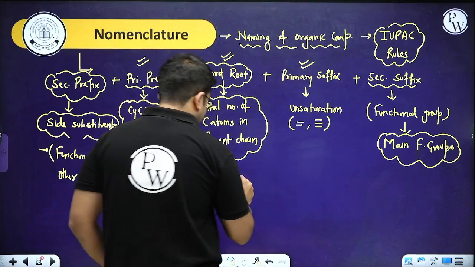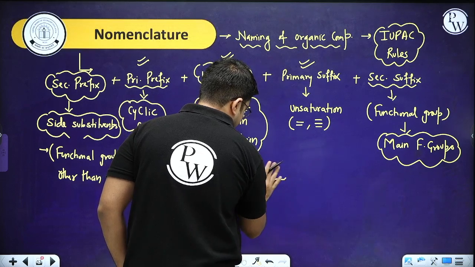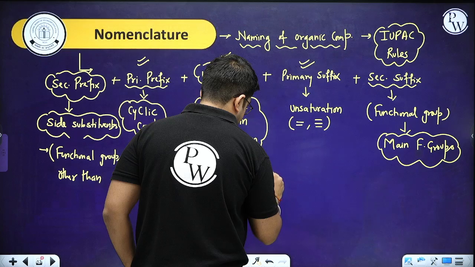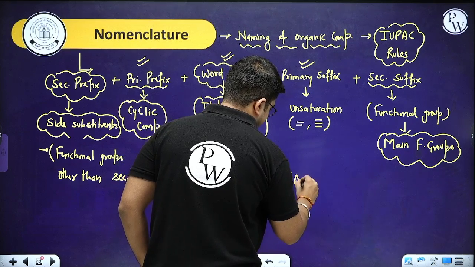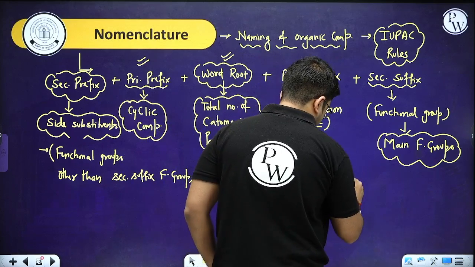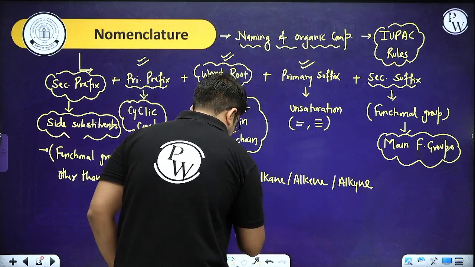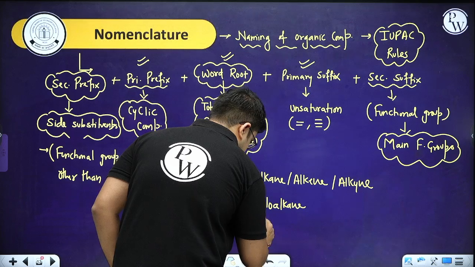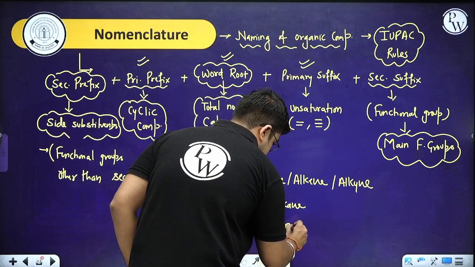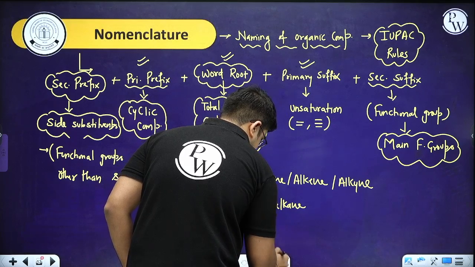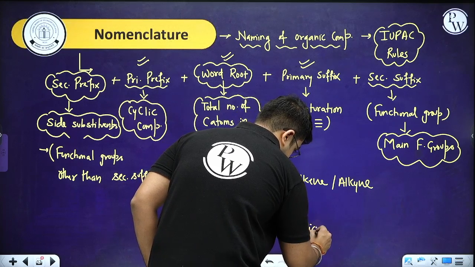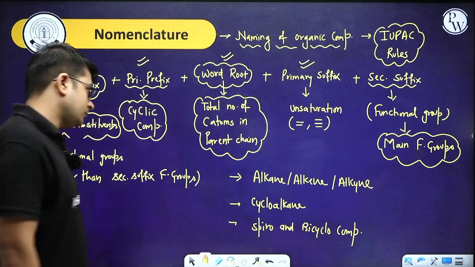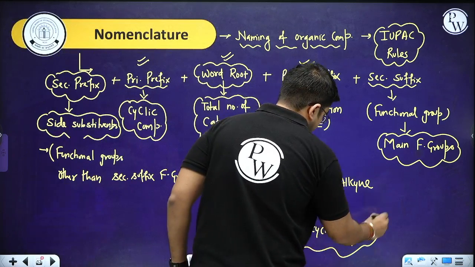The first part includes simple hydrocarbons, which are alkanes, alkenes, and alkynes, as well as cycloalkanes, spiro, as well as bicyclo compounds.